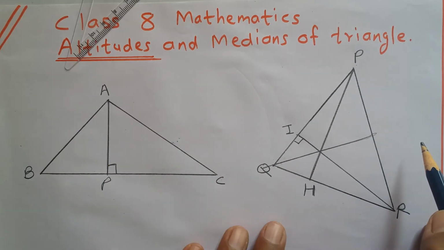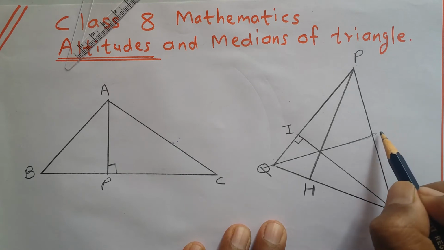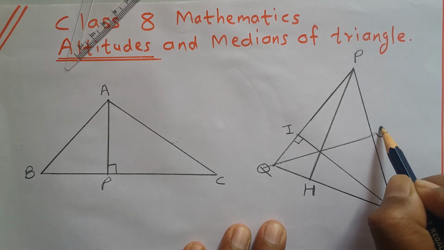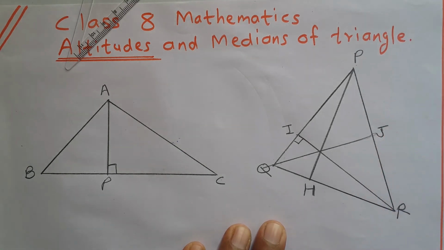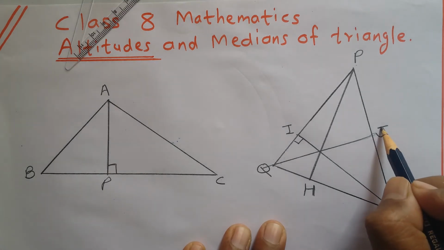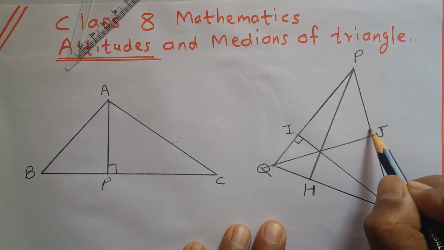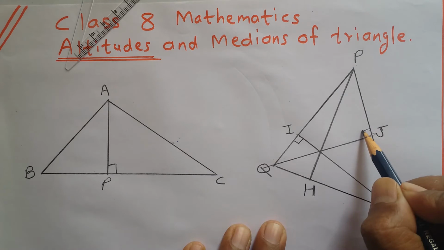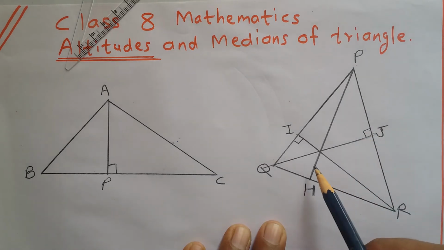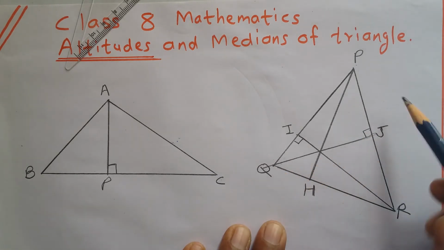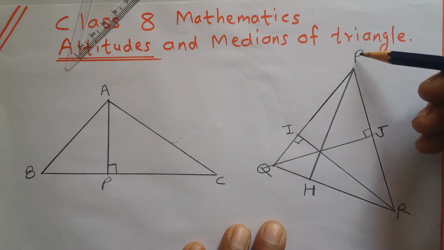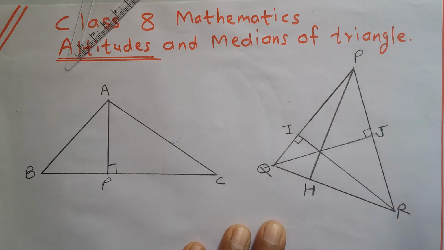Okay, now we have drawn this. If I name it as J, then this angle is 90 degrees. So QJ is the altitude when the base of the triangle is taken as PR.